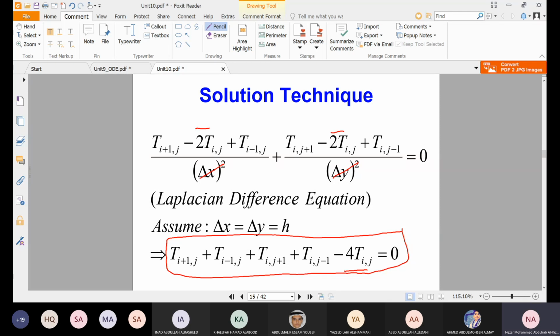And now we can write an equation for each node. Here I represents the columns, J represents the rows. So we can write the equation for any node. For example, if you talk about node 1, 1, we just substitute I by 1 and J by 1, and we write the equation.